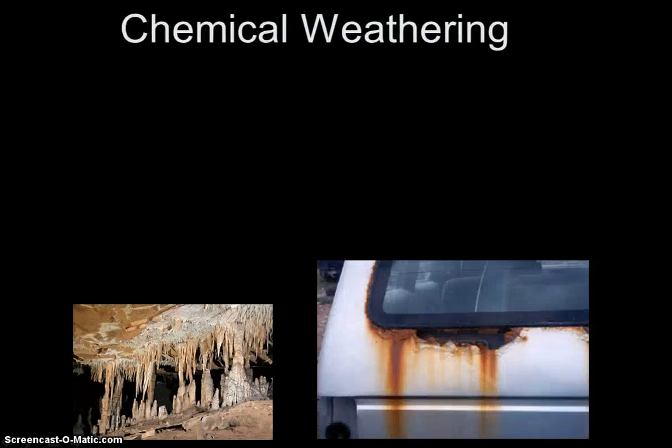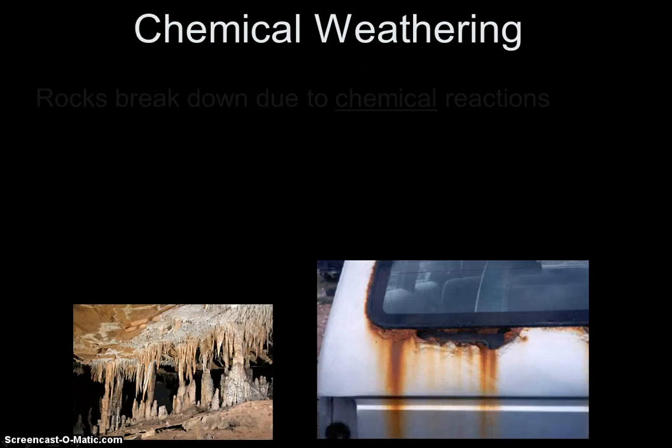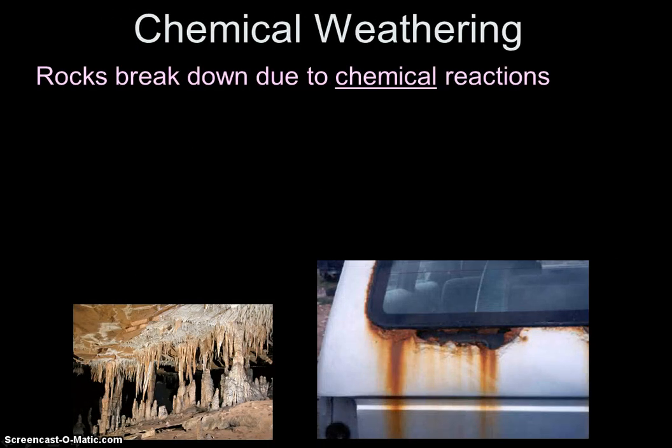Now we're getting ready to move on to chemical weathering. And chemical weathering is the breaking down of material due to a chemical reaction. And we also have 5 types of chemical reaction. So we can see that water can dissolve minerals. We saw that in our class when we dissolved salt, halite, with water.